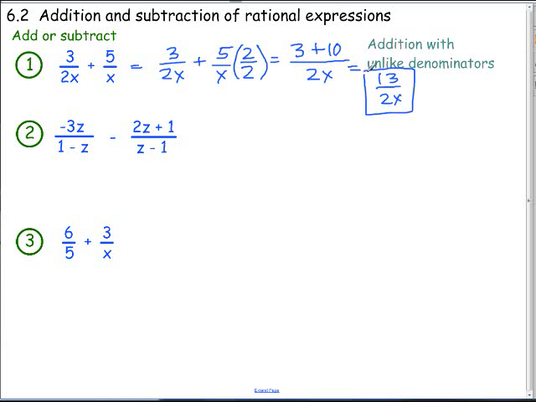And that's as simple as we can get it. How about this one?